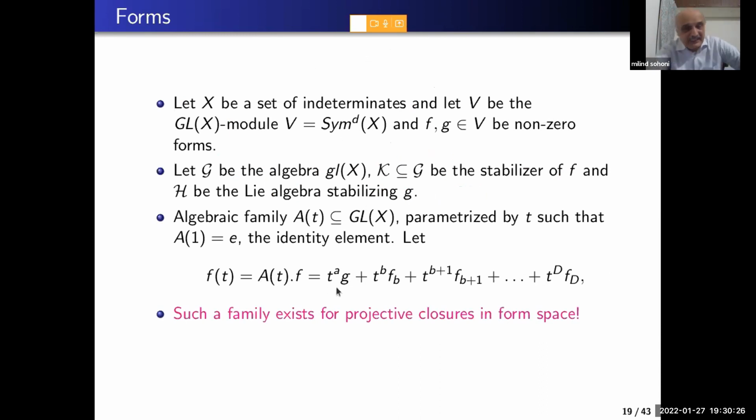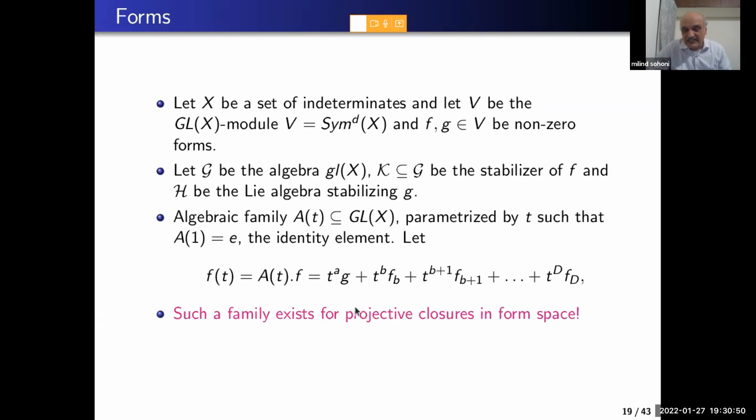By the way, this AT is more general. It is not necessarily a one parameter family. It is any polynomial substitution in the variables of F. It will split the polynomial F into powers of T, and then G is the leading term. So I will say that G is obtained as a limit under the family AT of F.